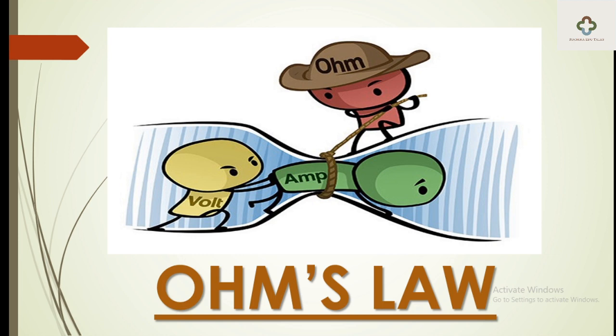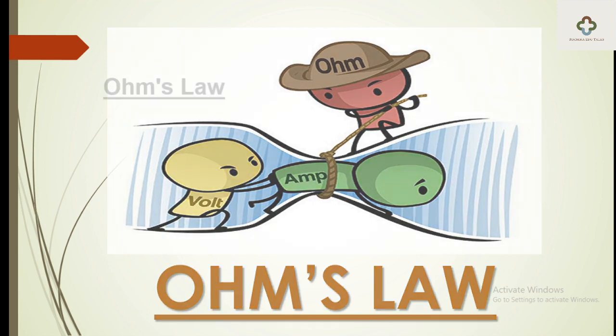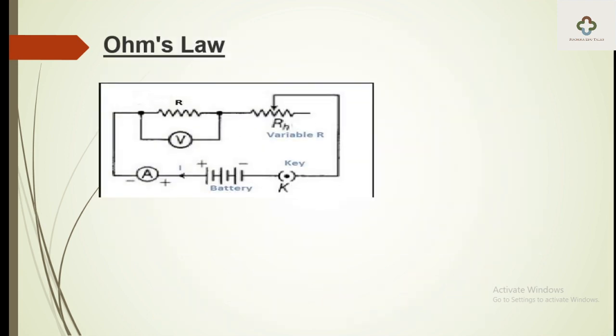First, we will understand the circuit diagram. Here in the circuit diagram, a wire is taken which has some resistance R, and a voltmeter, which is used to measure the value of potential difference, is connected in parallel.